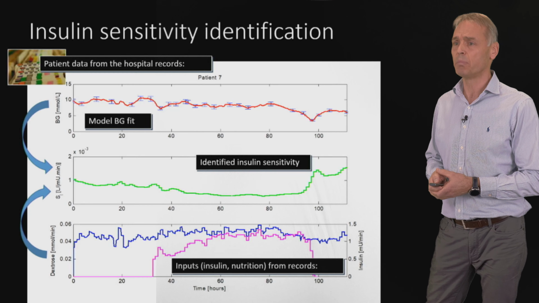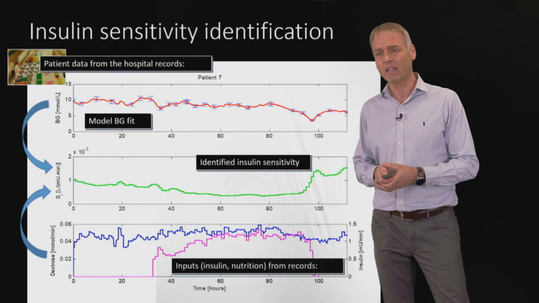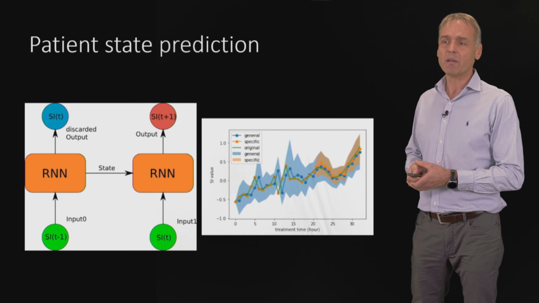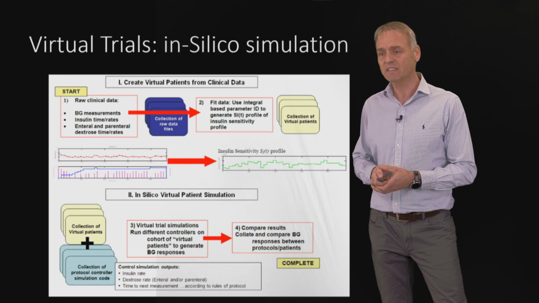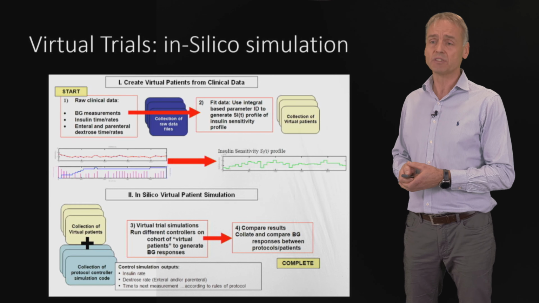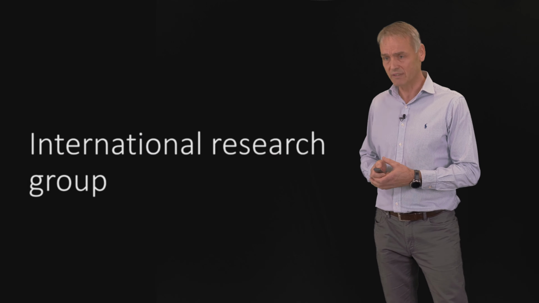In the STAR application, we identify the patient state by identifying the insulin sensitivity parameter of the patient. We predict the future state of the patient and run in-silico simulations in order to compare the outcomes of the different alternative treatments.